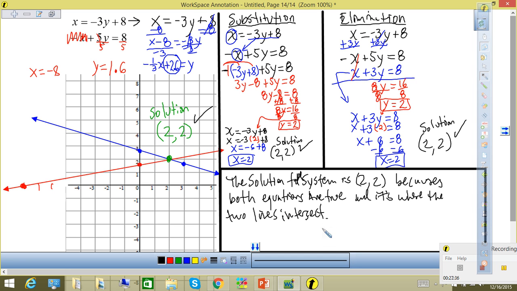Does everybody agree with that? Kind of, sort of, yeah? The solution to the system. So clear.